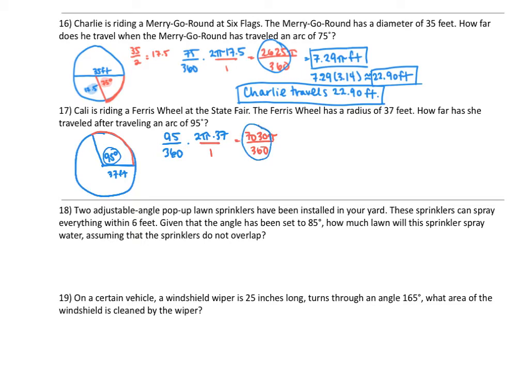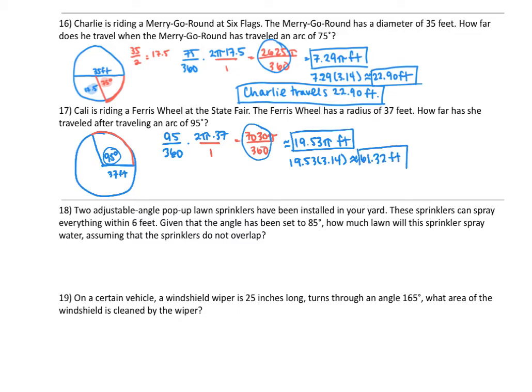And then we divide. So we get approximately 19.53 pi feet. So 19.53 times 3.14 is going to get me my approximate, 61.32.